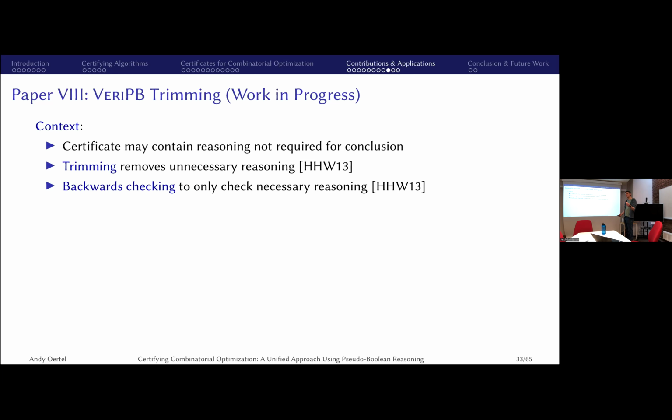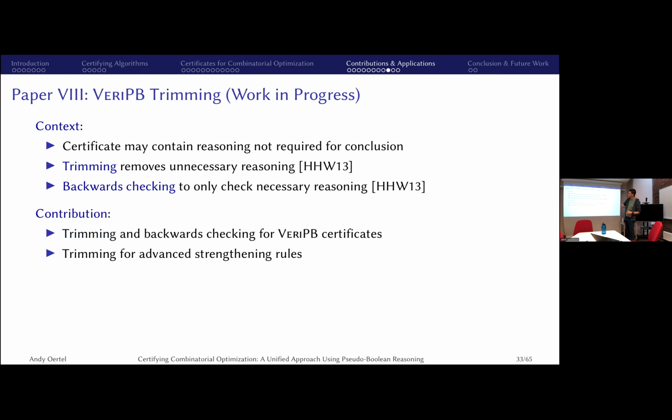So you might just start from the final constraint that is required to witness the result, and go backwards from it, check its antecedents, and only check the parts of the proof that are actually required for showing the result. Trimming basically means that we remove all unnecessary things, and backwards checking means starting from the constraint certifying our result, going backwards and checking the antecedents.